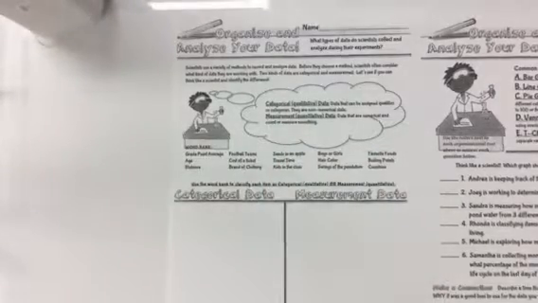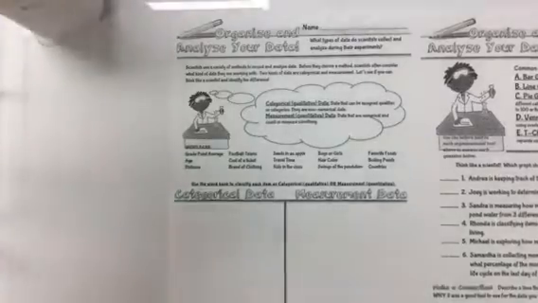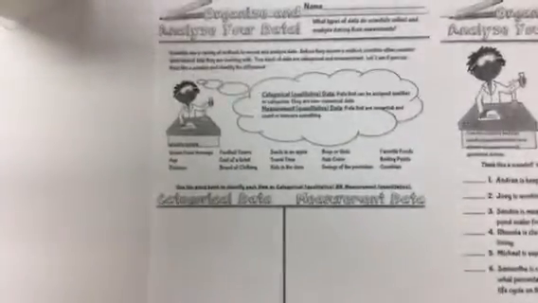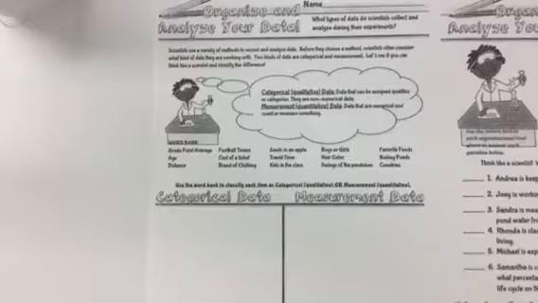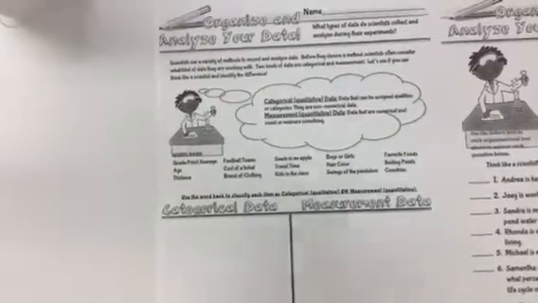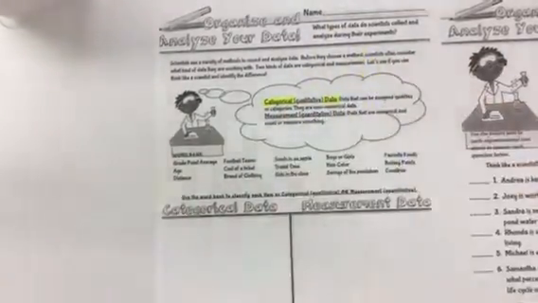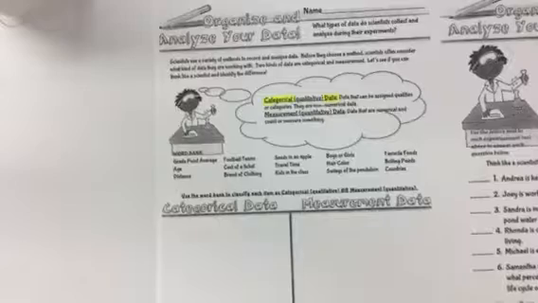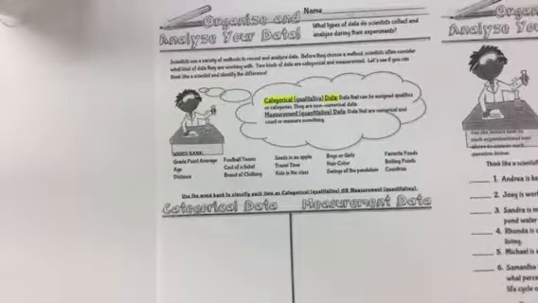So go ahead and grab a highlighter so we can highlight these definition words. We have 2 different types of data. The first type we have is categorical data.